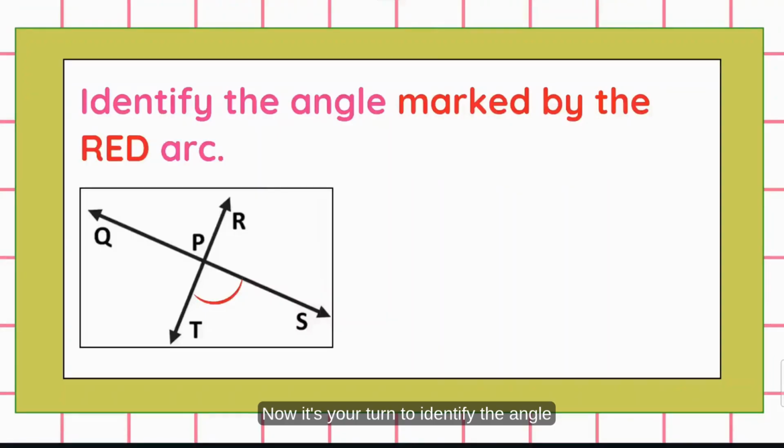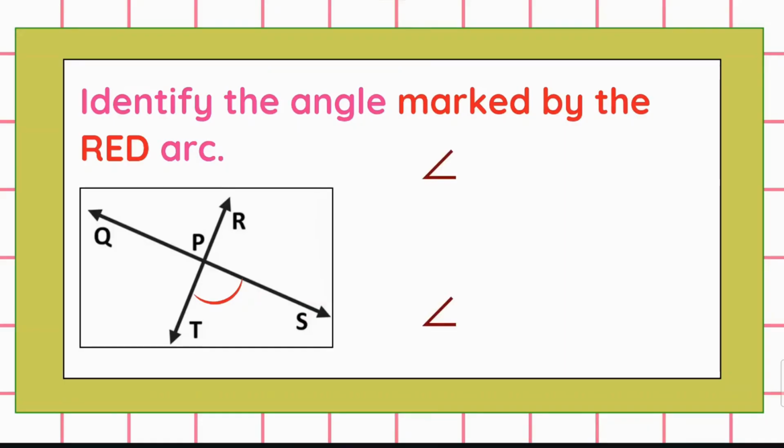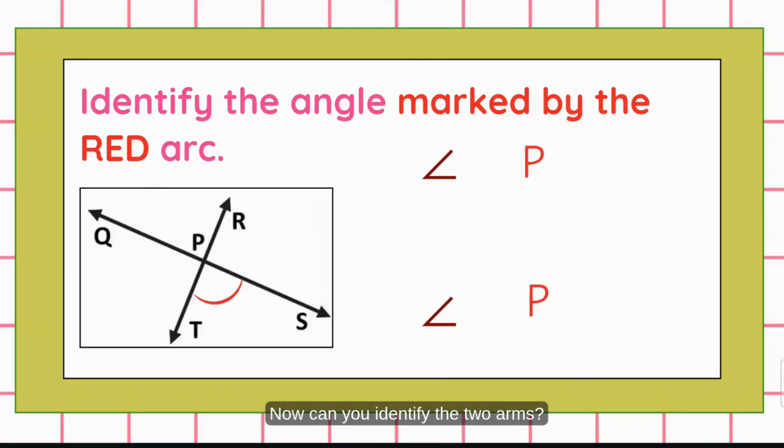Now it's your turn to identify the angle marked by the red arc. Pause the video and observe the angle closely. The first step is to identify the vertex. So the vertex here is P. So place P in the middle. Now, can you identify the two arms? Correct.